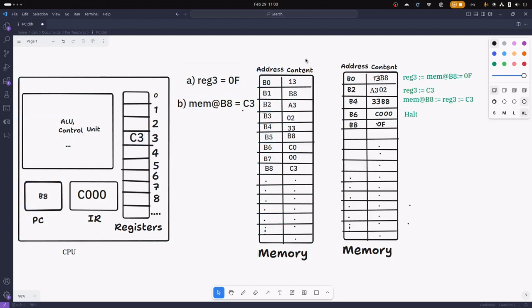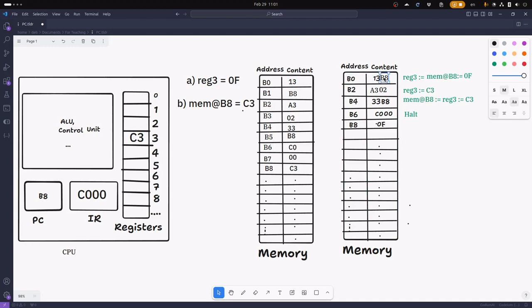So we better organize the memory contents, address and contents, like this: B0, B2, B4, B6, B8. Here we can see this is our first instruction. B0 here is B0 and B1 together, which is 13B8.